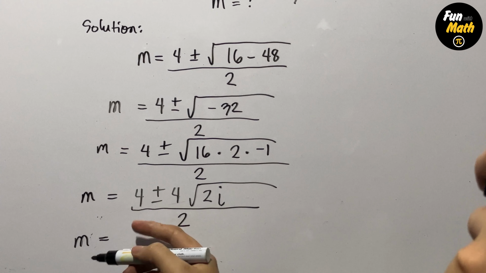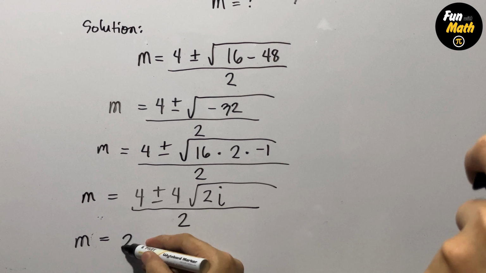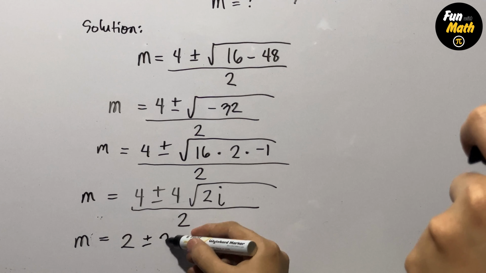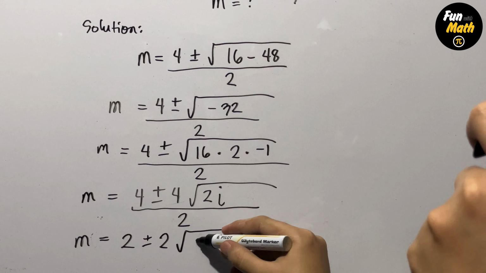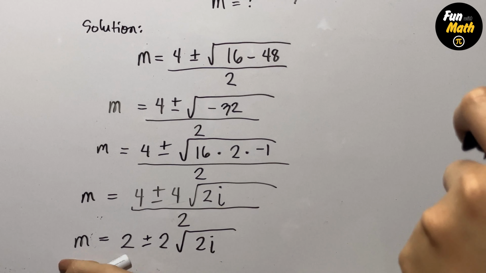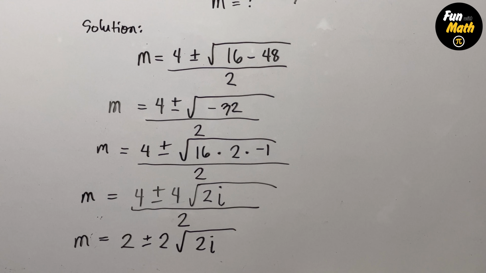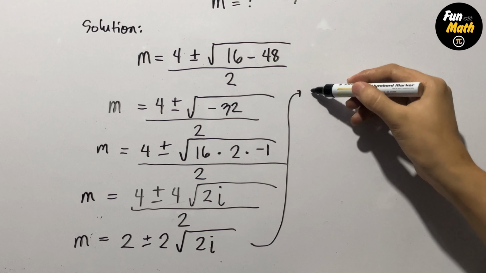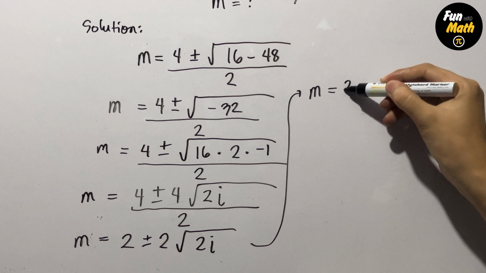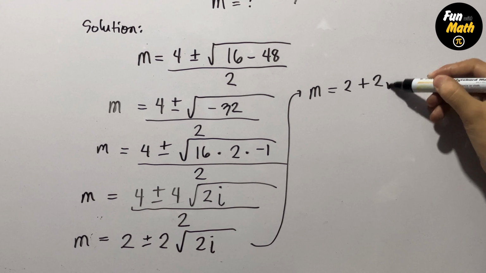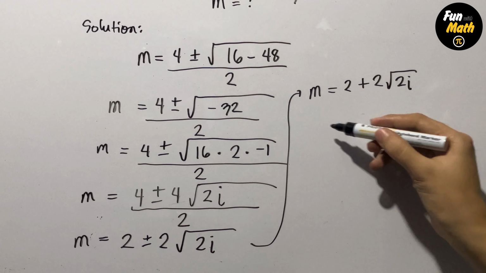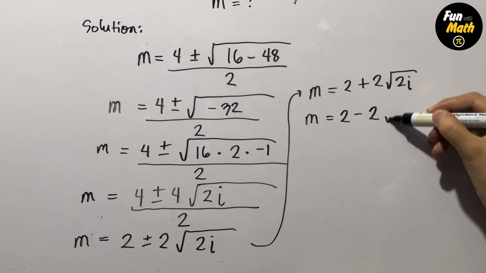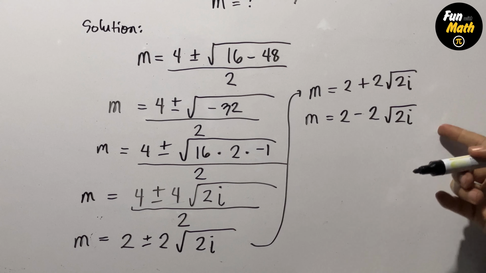Now we can divide. m is equal to 4 divided by 2 is 2, plus or minus 4 divided by 2 is 2, square root of 2 i. So for this, we can have two values of m. That is m is equal to 2 plus 2 square root of 2 i. The other one is m is equal to 2 minus 2 square root of 2 i.